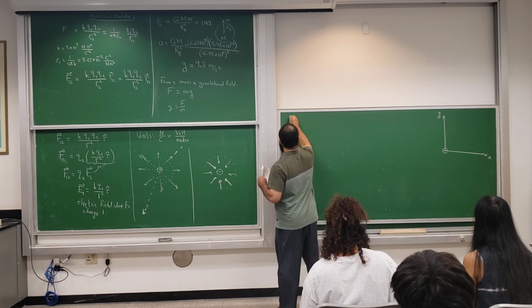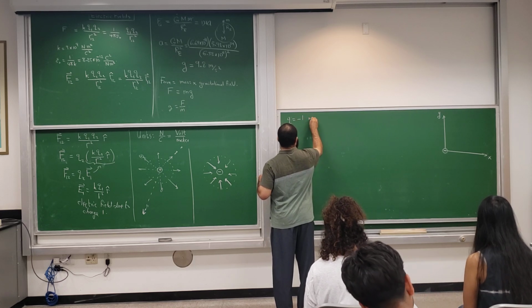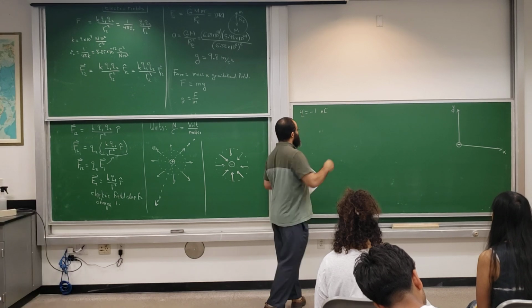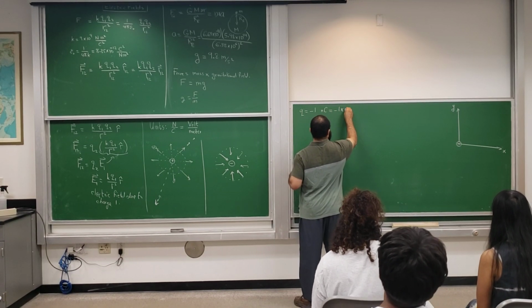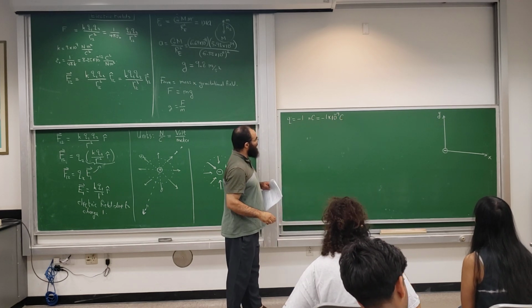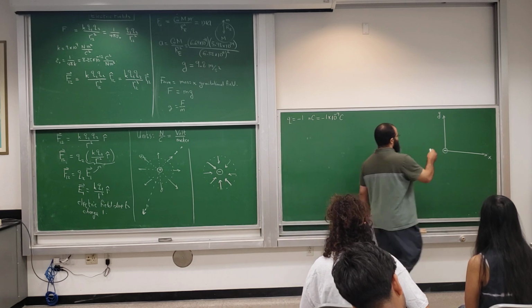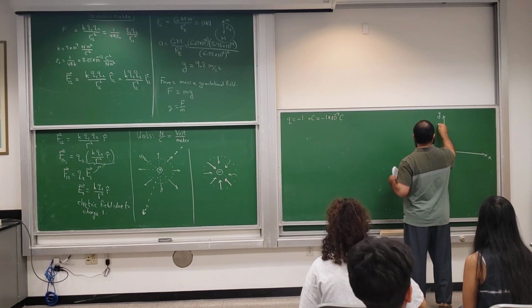So Q is equal to minus 1 nano coulomb. Nano means 10 to what power? So minus 9, right? So that's 1 nano.